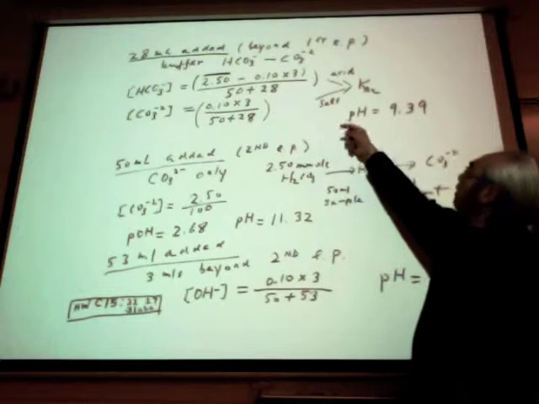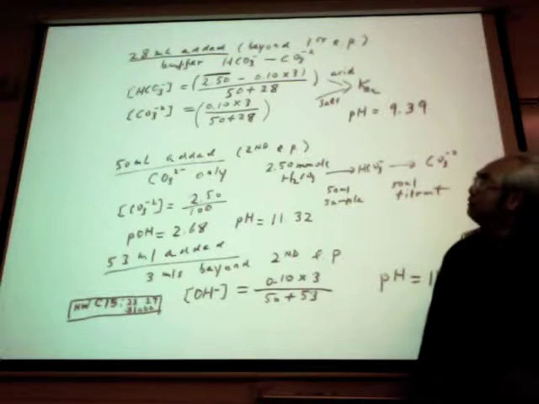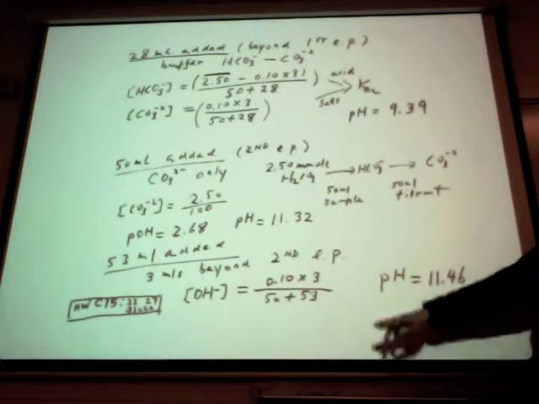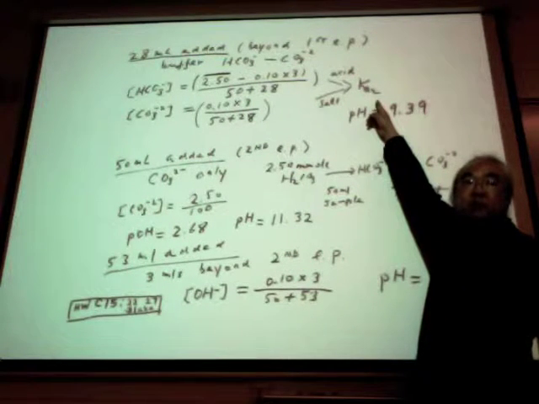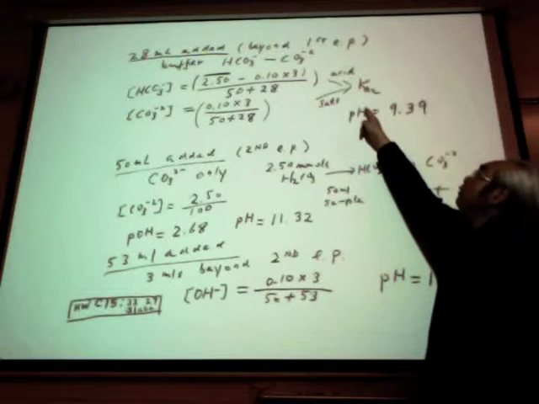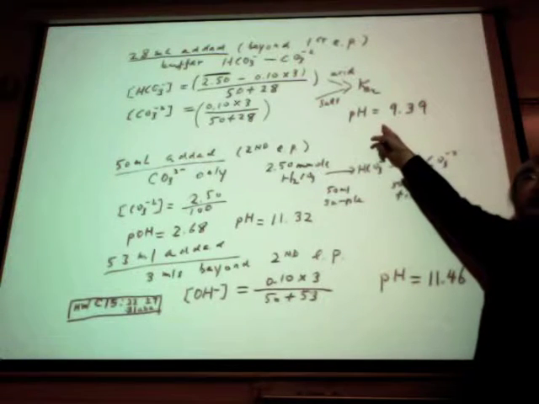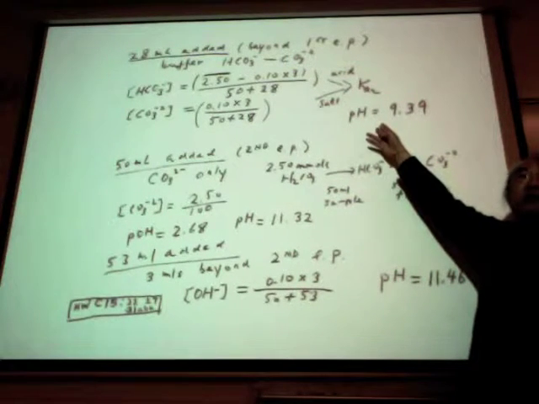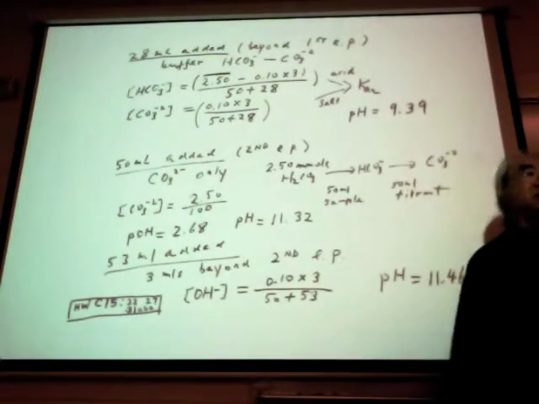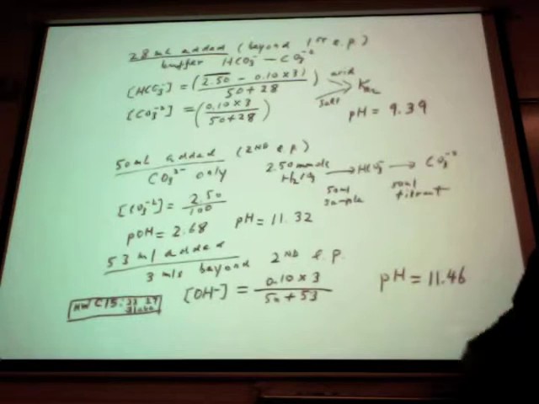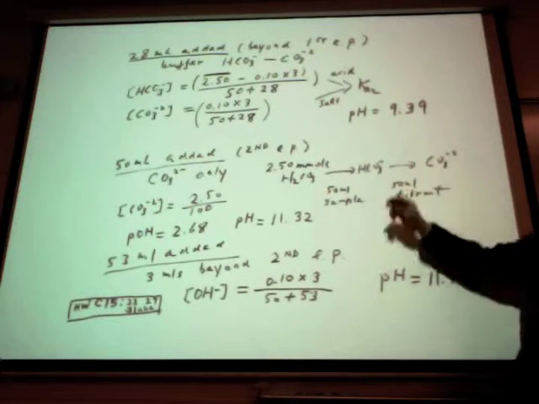Now you just use a similar calculation, but be sure you use Ka2, not Ka1. Ka2 is equal to the unknown amount of proton multiplied by salt over acid concentration, and you get this pH.